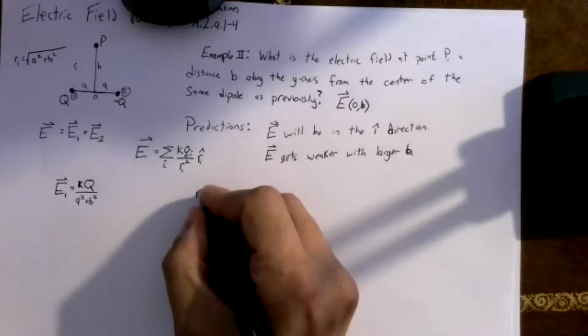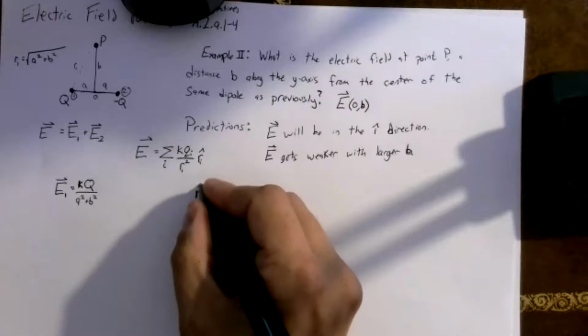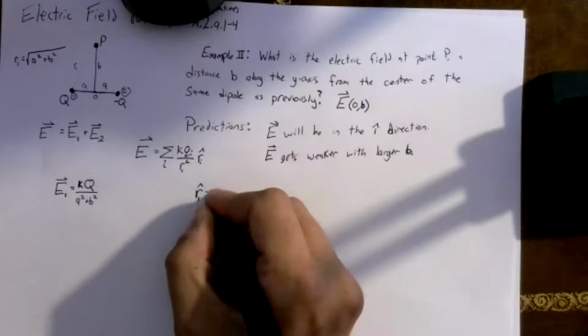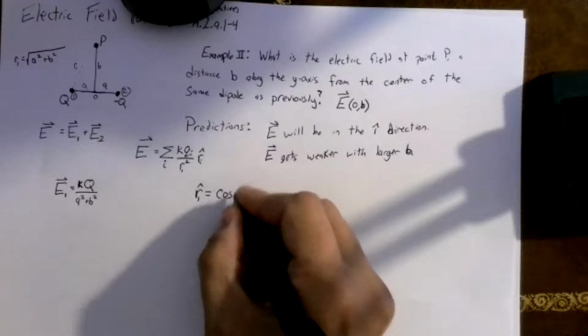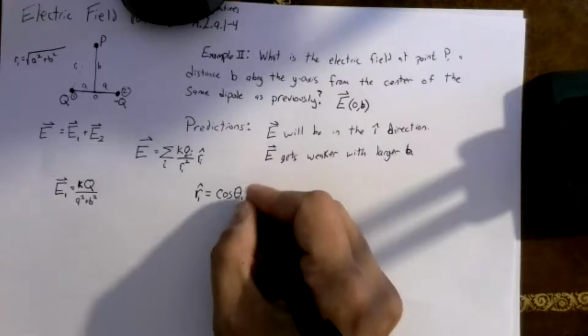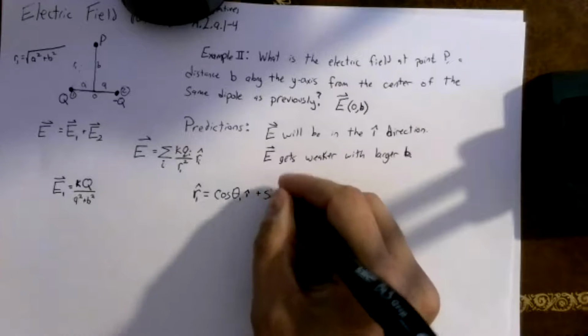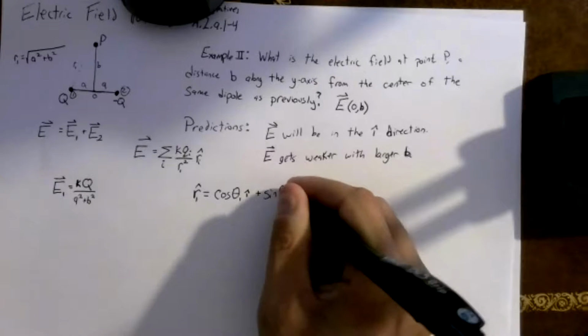The way to remember what to plug in for that in terms of i hat and j hat, we know that r1 hat is going to be the cosine of the first angle times i hat, the angle that the r vector makes with the positive x-axis, plus the sine of the angle times j hat.